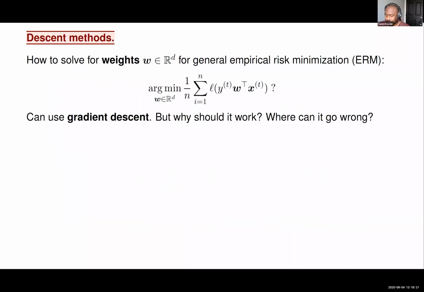Okay, so again, in all the problems that we've described so far, we're interested in empirical risk minimization. We've set this up as minimizing the average loss over data. The question is, how do we find a good set of weights? So we've said that we're going to use gradient descent as a general strategy for all these. Now we're going to work through why it should work and when it can go wrong.